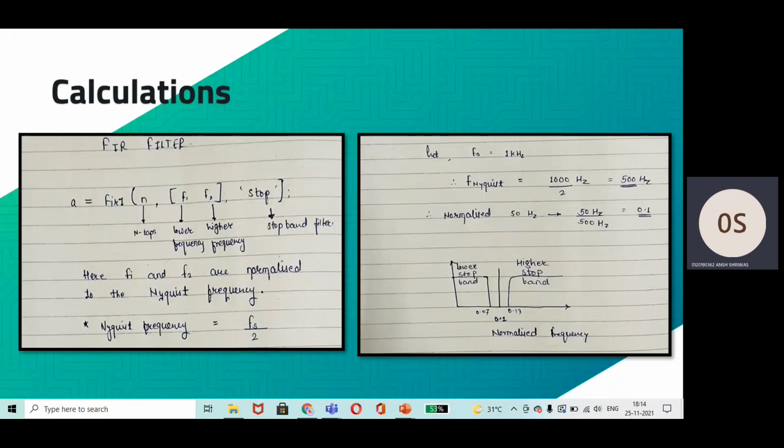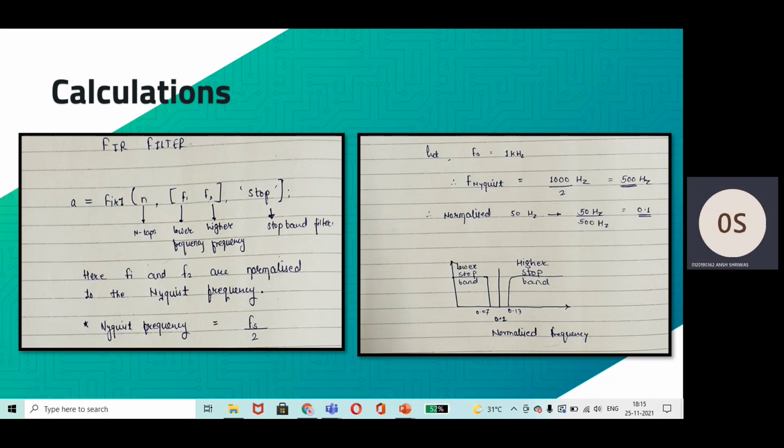So here it is read as A equals FIR1, where n is the number of taps, F1 and F2. F1 is the lower frequency, F2 is the higher frequency. Stop represents the stop band. For a low pass filter, we will use 'low'. For a high pass filter, we will use 'high' in commas.